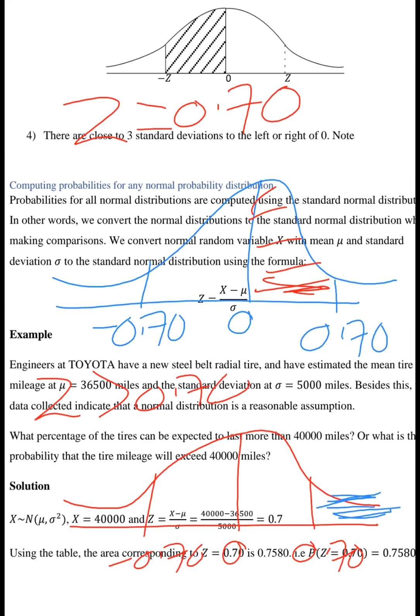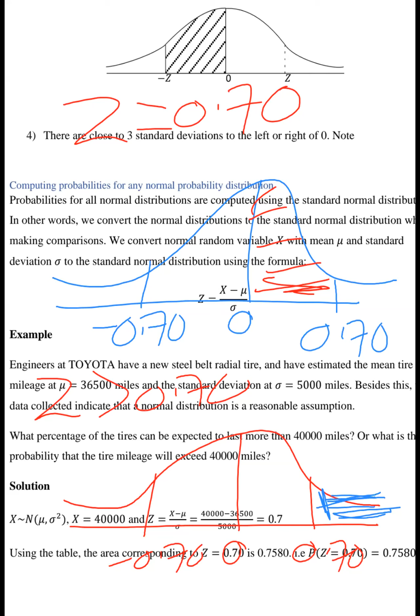This is the area that is greater than 0.70, or 40,000, okay? This is where you can get the probability, this area is equivalent to the probability that the tire mileage will be more than 40,000.